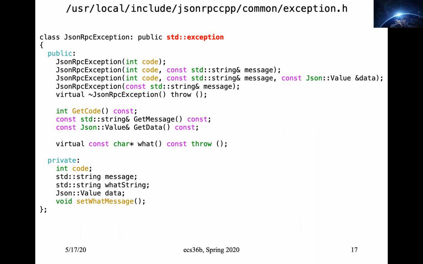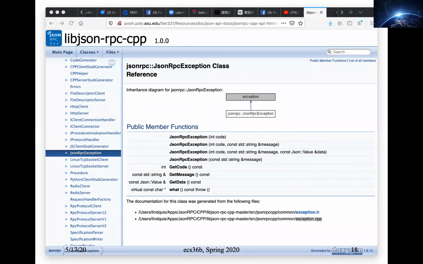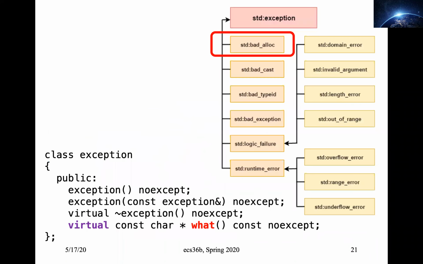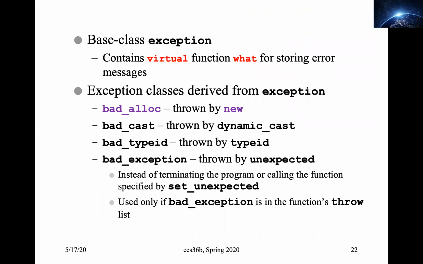Okay, for this, I'm going to skip this part. I'm going to tell you the last part, which is that now we're going to look at some of the standard exceptions. Number one, how do I use this exception in the standard exception class, and how am I able to extract information? As I mentioned earlier, we have this what function, which is going to be virtual, and there is a bunch of standardized exceptions, such as bad allocation.